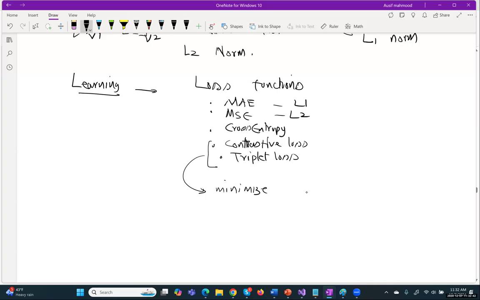Distance between clusters, or distance between similar and dissimilar classes, which is equivalent, because every class will create a cluster, as you said, to distance between clusters. So they minimize or maximize distances.